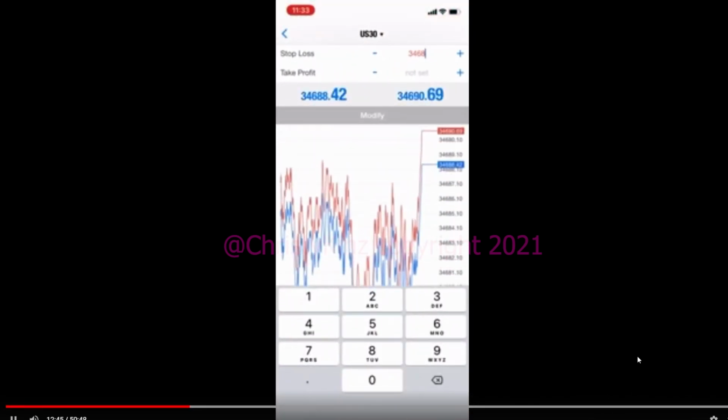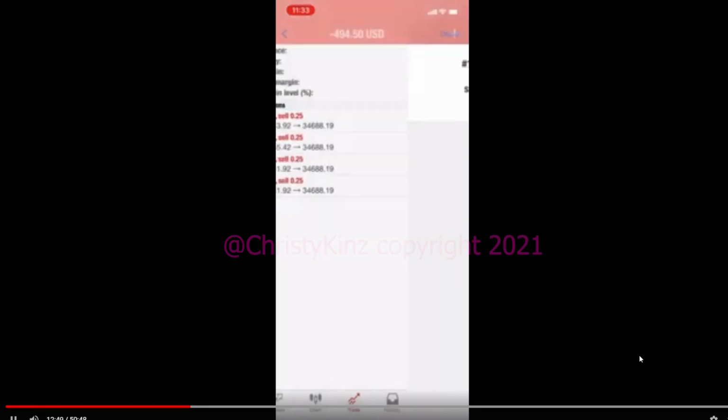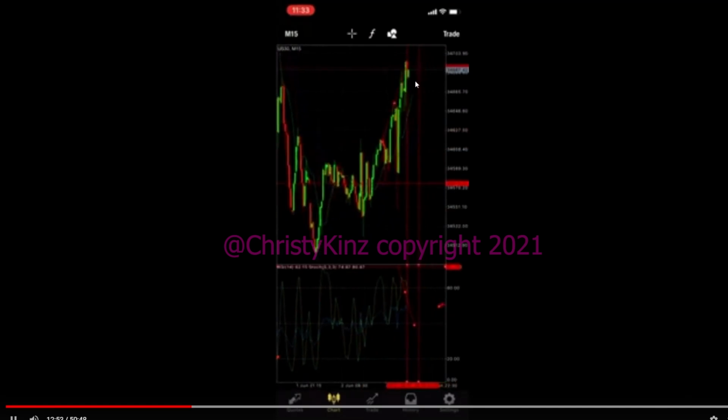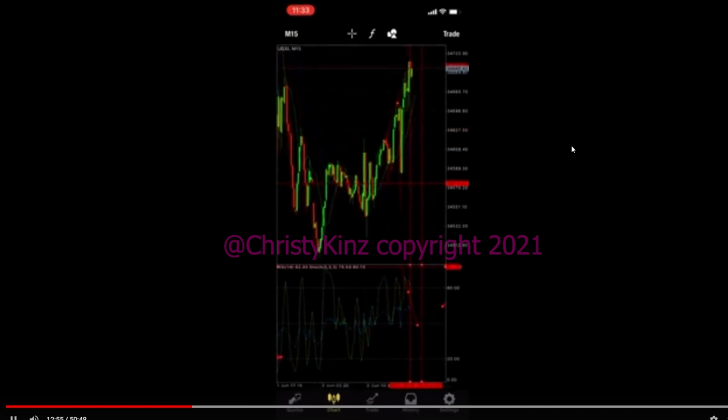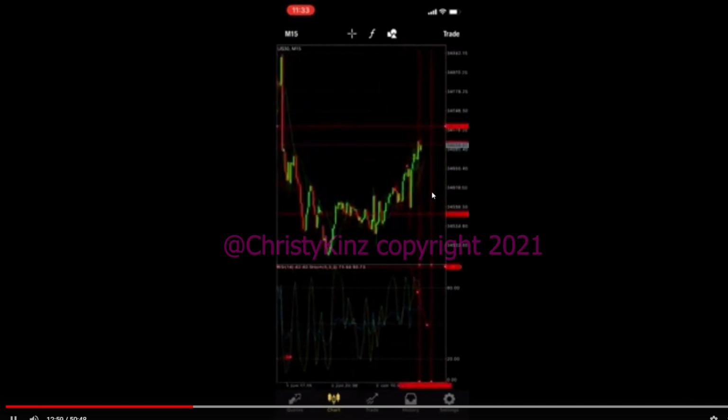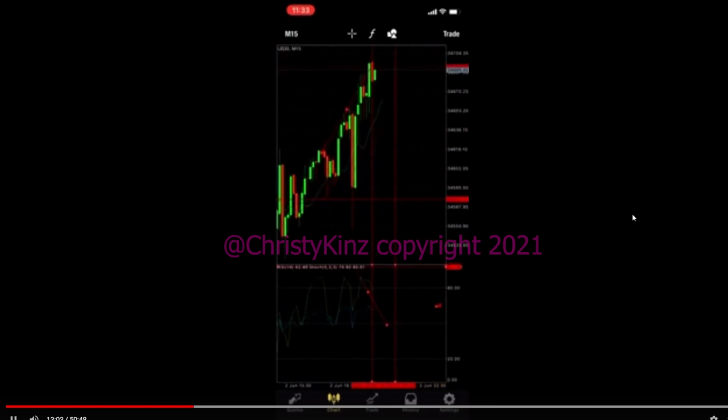Okay, so that's just me managing the 4 trades that I do have, placing my stop losses and take profits. As far as my stop losses go, all 4 of them were at the initial stop loss that I did have drawn here. And my take profits were here, where I initially had them aiming for.